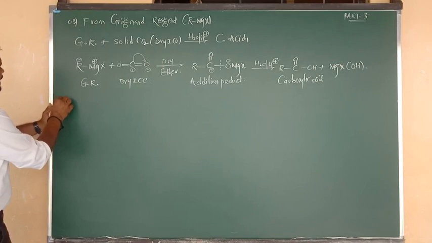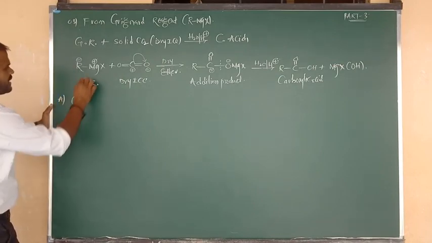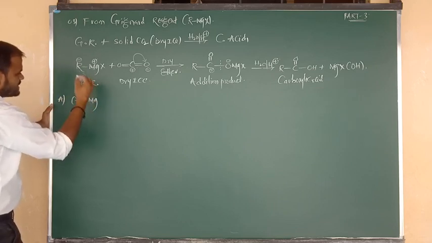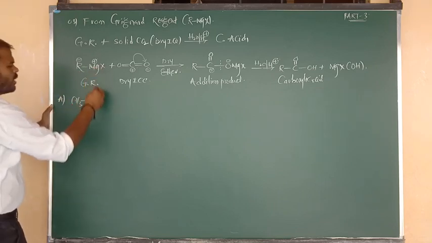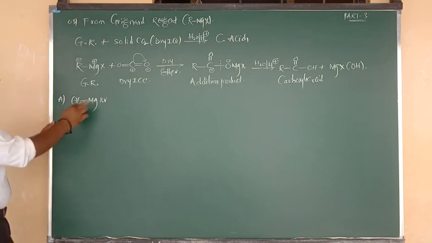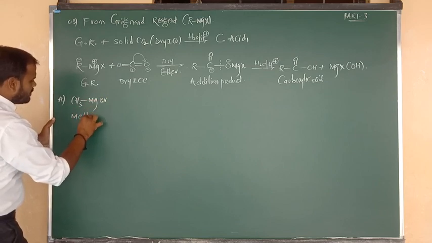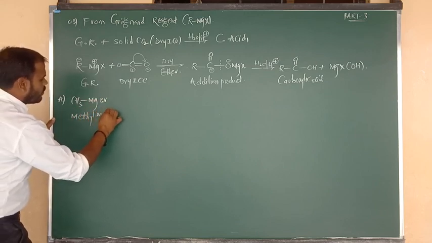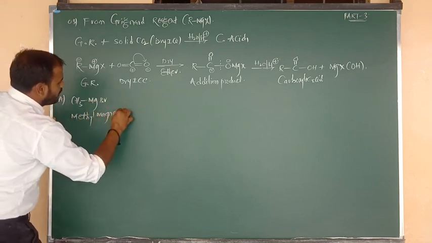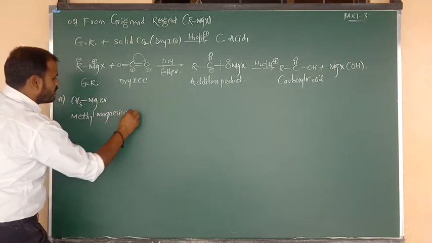Example number 1: in the place of R, I write CH3. Mg metal should be fixed in every Grignard reagent, and the halogen we can change to Br or chlorine as you wish. So CH3MgBr, what is the name of this compound? Methyl magnesium bromide.